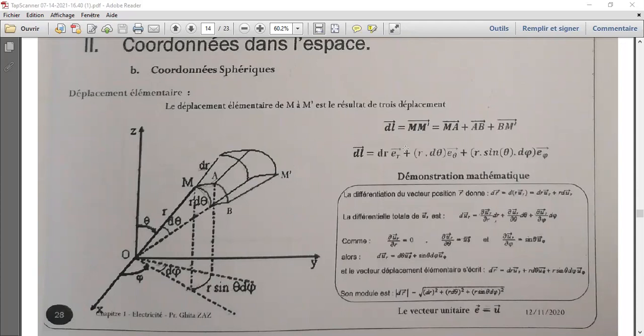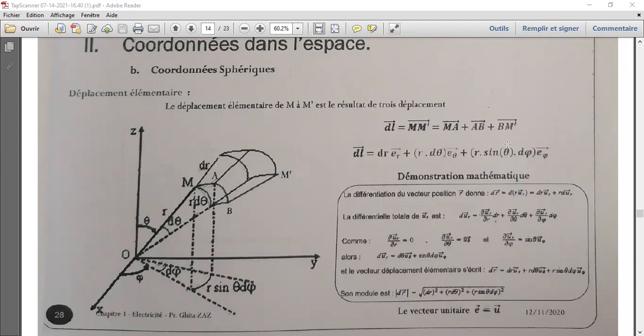To calculate the mm prime, you have to take dr er, which is the movement towards m prime following the vector er, plus r d theta, which is the movement around the lateral circle, the circle which is sideways, following the direction e theta, plus r sin theta.